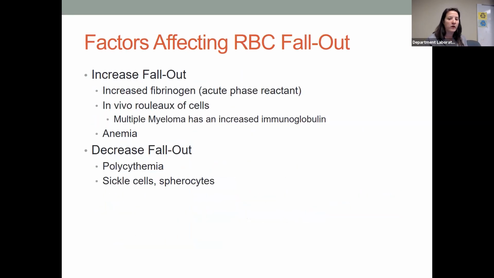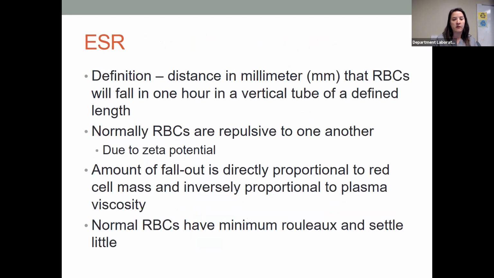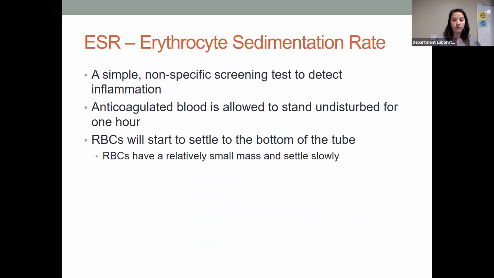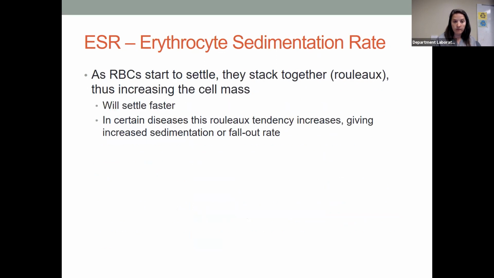And we're going to talk about what causes the cells to fall out. What happens inside that tube is the red cells are close together. I don't know if you have ever heard of the zeta potential before, but each red cell has a negative charge around its membrane. So if you think about red cells and negative charge, they naturally repel each other.